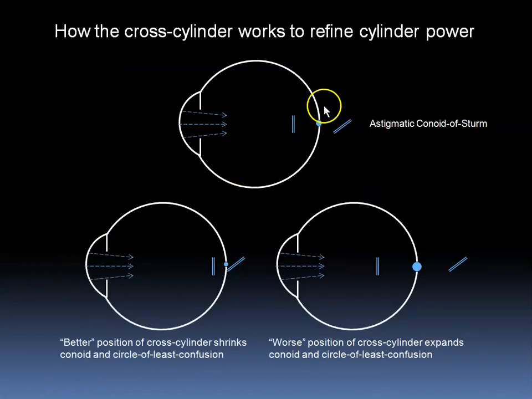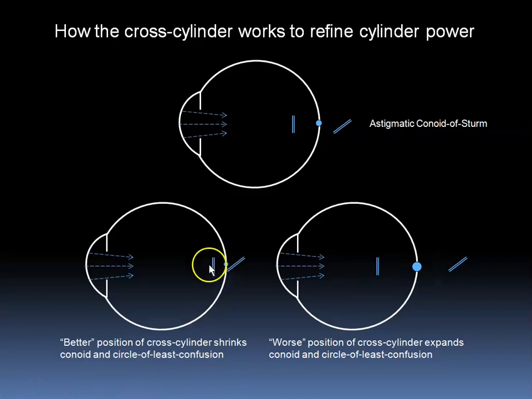In one position, we have the astigmatic conoid of Sturm being reduced in size, and in the other position, we have the astigmatic conoid of Sturm increased. When the conoid of Sturm is made longer, the circle of least confusion is larger, and the image appears more blurred.